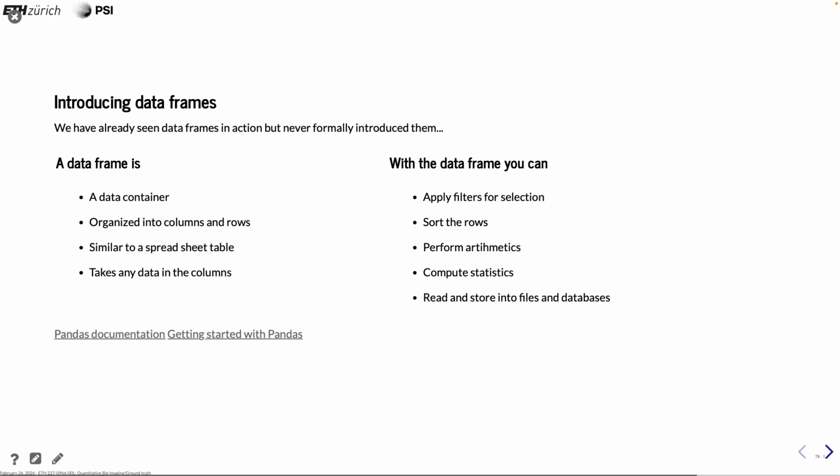I didn't mention that: you can do arithmetics on the columns and compute statistics. An important thing is also that you can read and store into files and databases. So there are connections to spreadsheets, and there are connections to SQL databases, and that makes it very easy to get in the data once you want to work with it.